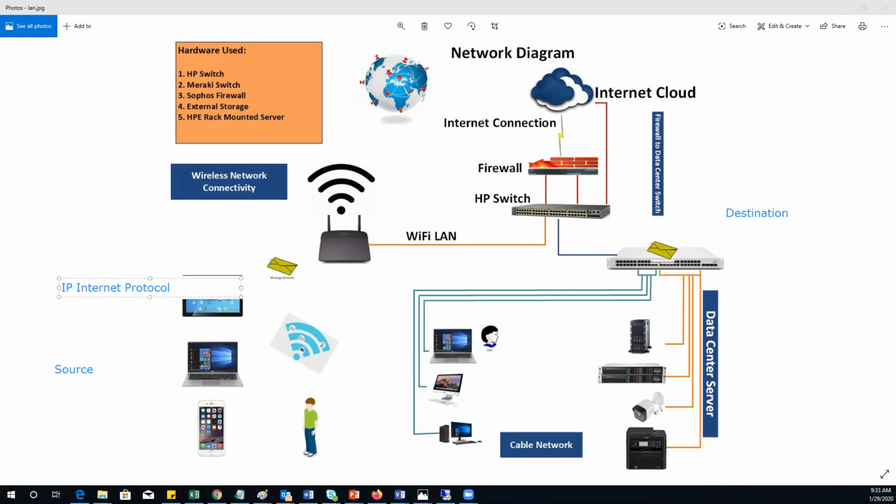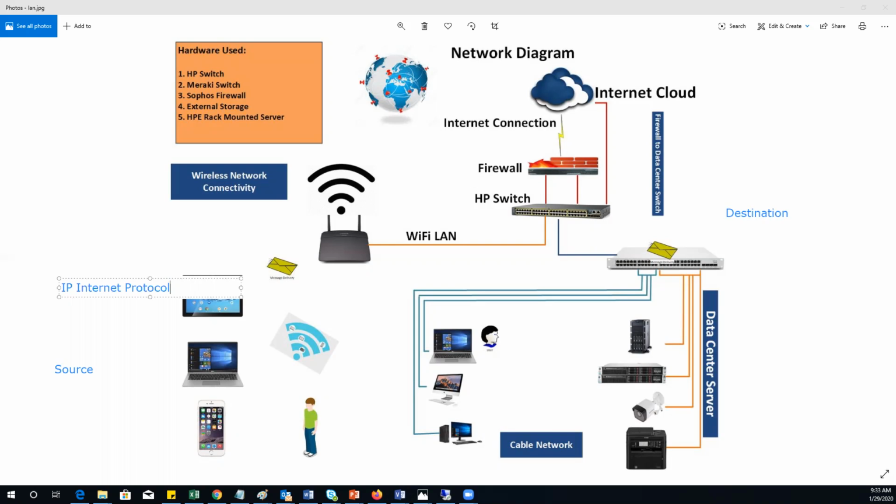You might have heard the term IP address many times, or you might be aware of it. This protocol provides the IP address to all machines, and with the help of this address, all these end devices or intermediary devices can communicate with each other over the local area network within a building or over the internet.